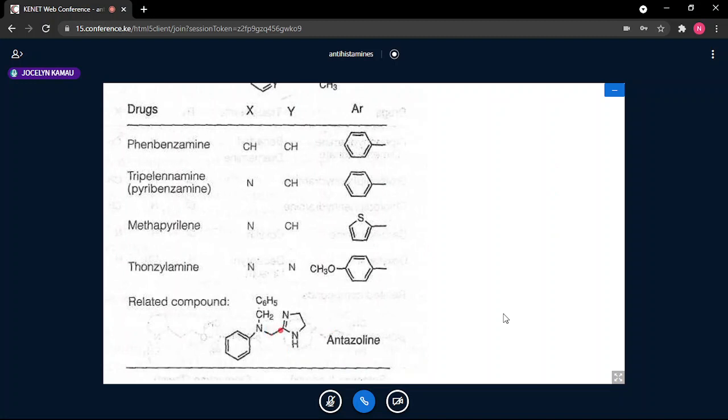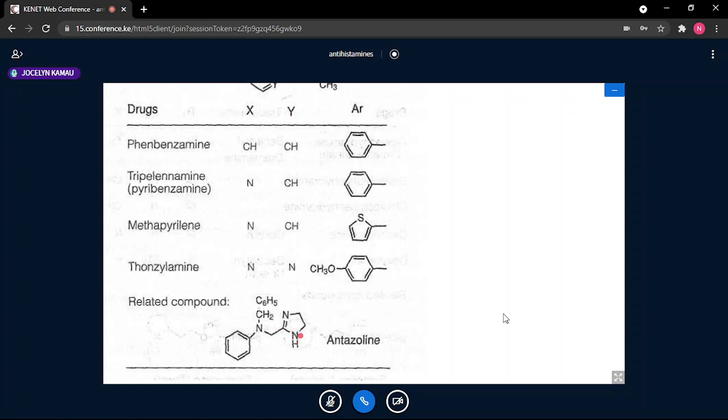The second carbon is part of the imidazoline ring with retention of activity. And we are not looking at this nitrogen here. We are looking at it as an ethylenediamine, because the two aromatic rings are attached to a nitrogen. Then you have that CH2, and then you have this carbon here.